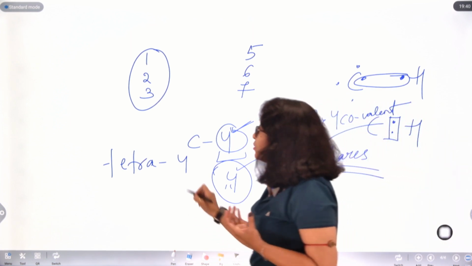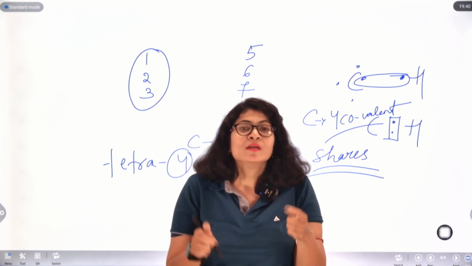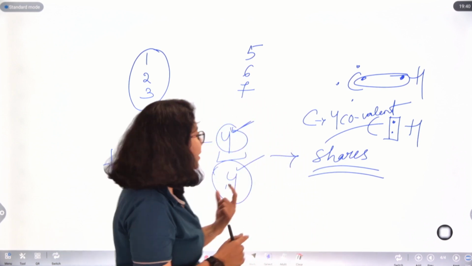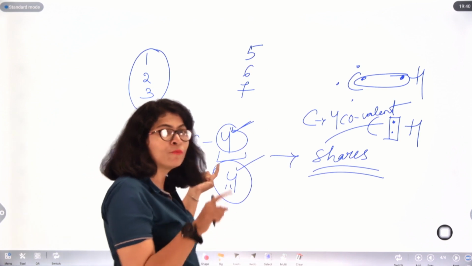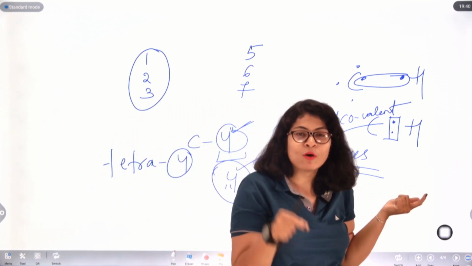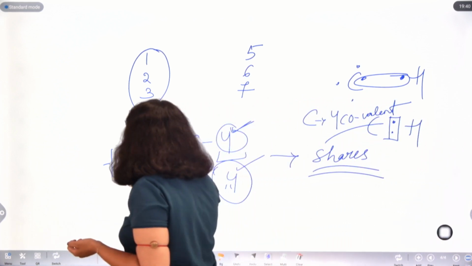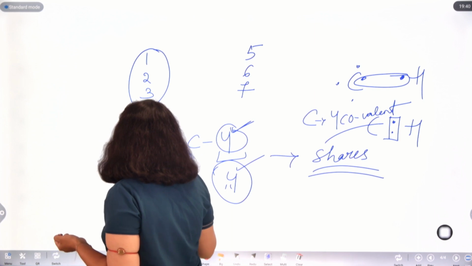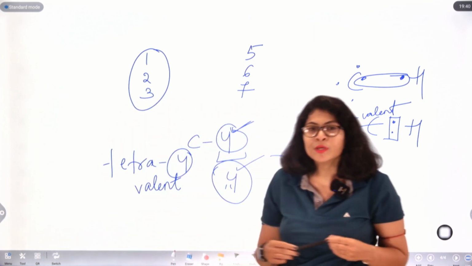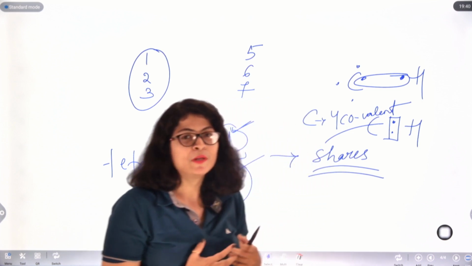Now as carbon can share 4 electrons, carbon is said to be tetravalent, meaning it shows a valency of 4, neither plus nor minus, therefore it's called a tetravalent atom.